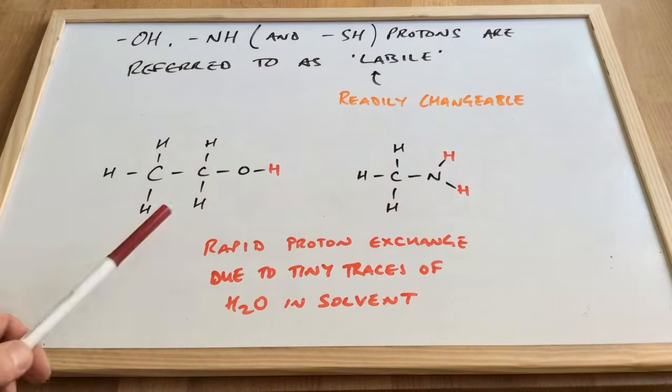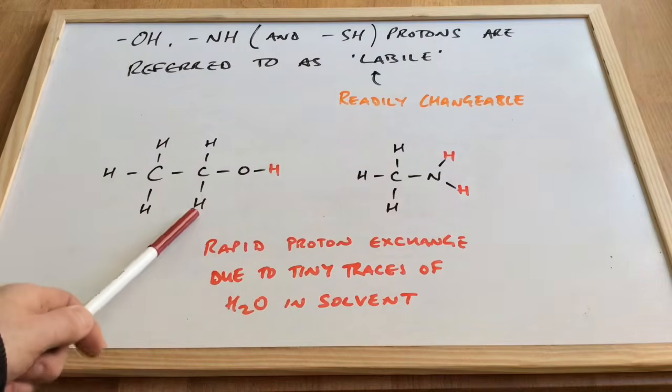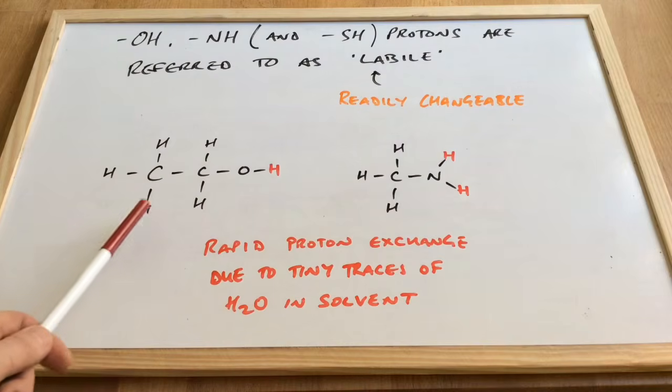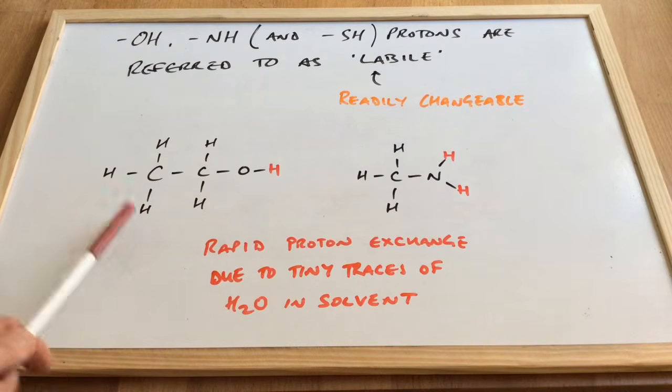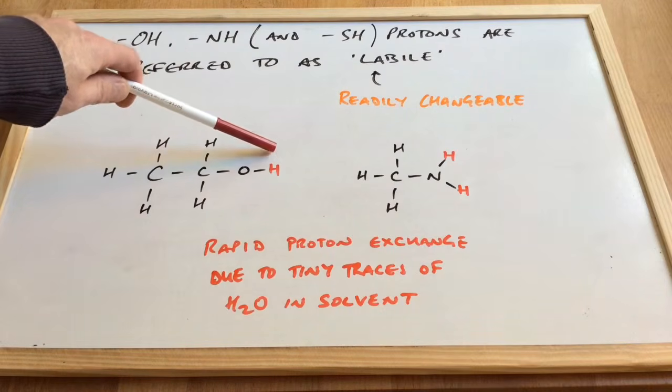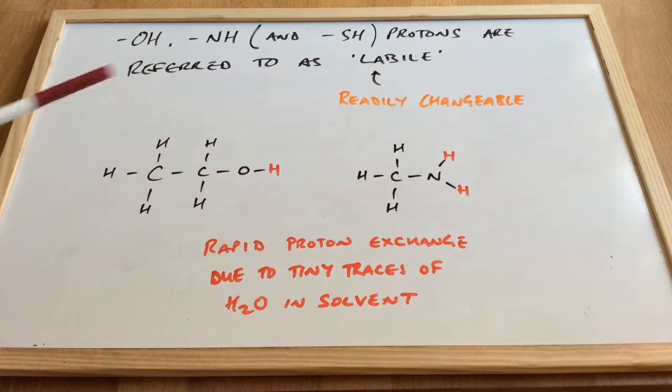And so if we think about the CH2 group in ethanol, all we would see would be a quartet due to the adjacent CH3 group. So we don't factor in any OH effect on the splitting pattern.